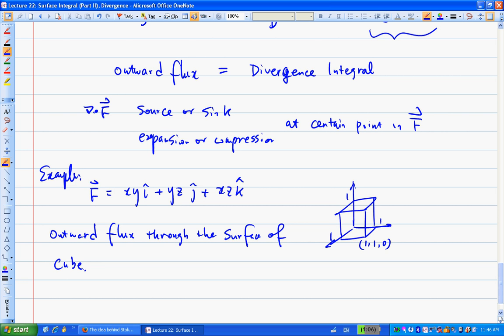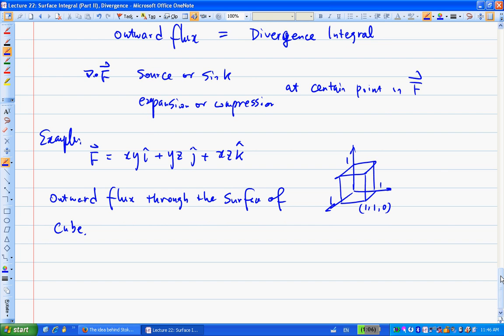Before you think about the divergence theorem, let's think of it purely based on the surface integral. What's a surface integral? The flux is the surface integral of F dot n hat dA, right? Now we're talking about the flux through this cube.